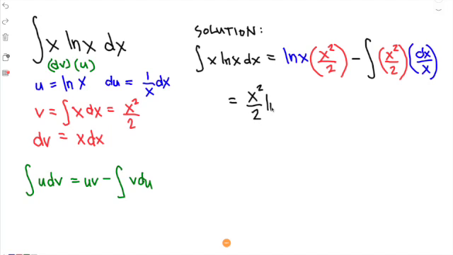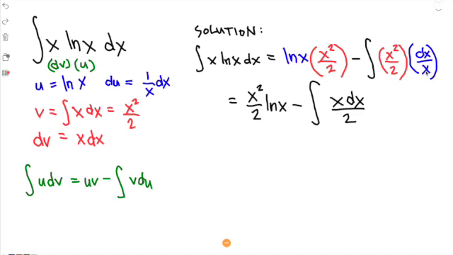So x squared ln x, that is the first part, and we are left with the problem of how to integrate x squared over 2 times dx over x. As you can see, we can cancel one x from here. So what we are essentially left with is x dx over 2. I hope you can follow the algebra in that.